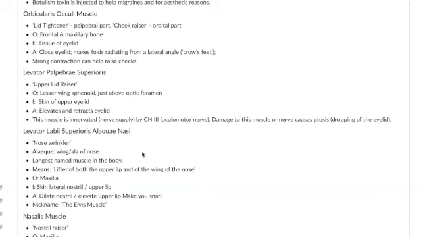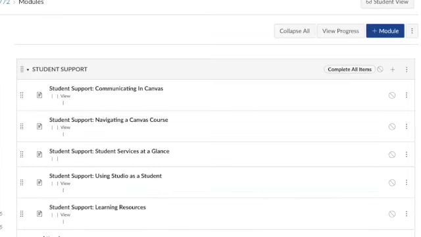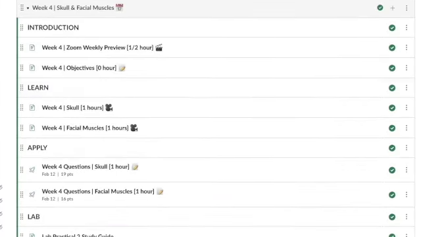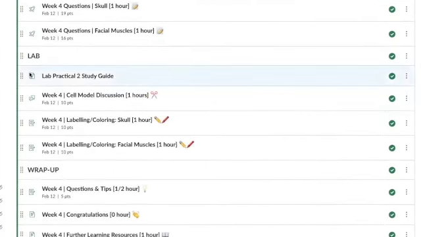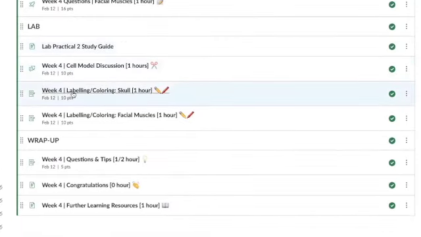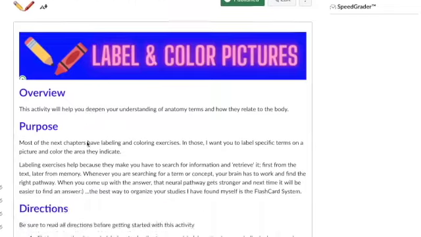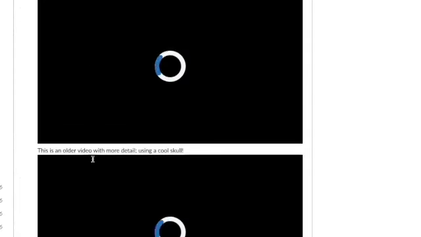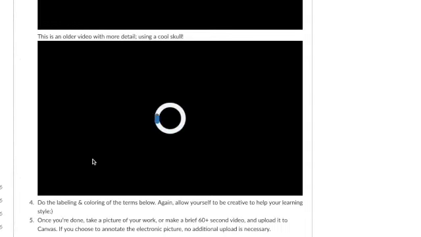When you look at these names, don't get too intimidated, but look at them from a practical perspective. What do they try to tell me? So that's the chapters here. It's a lot of terminology now. When we get to the labeling and coloring, in these chapters we have videos where I talk about the skull and different parts.